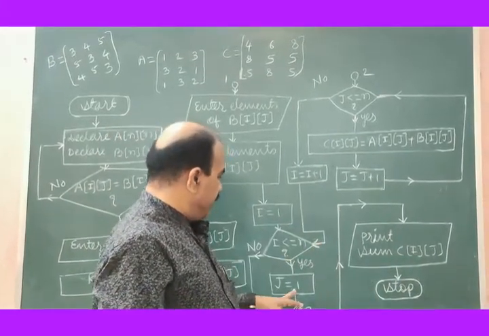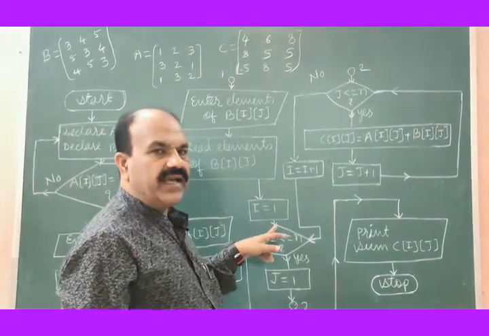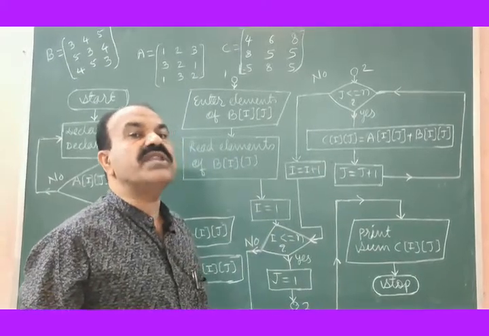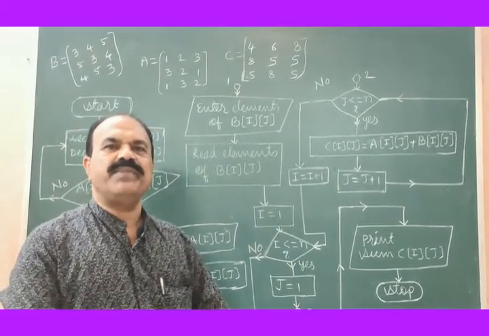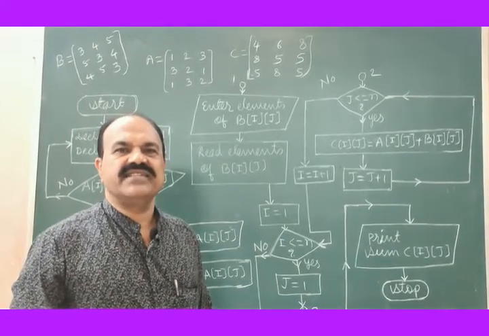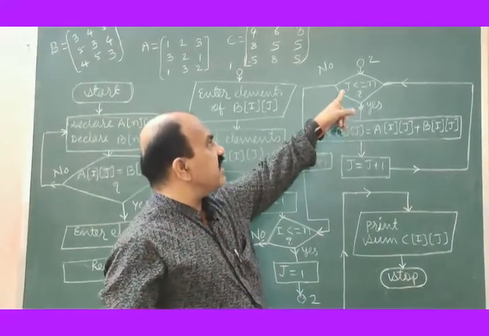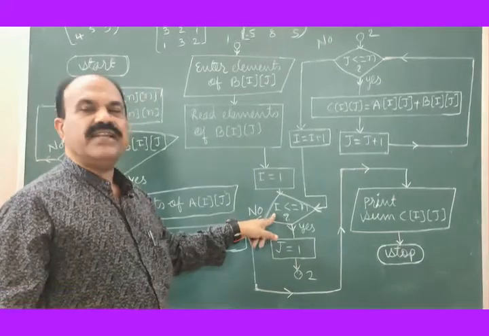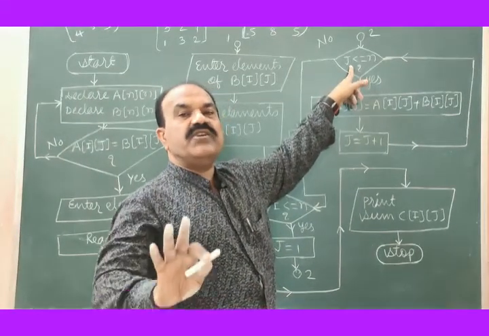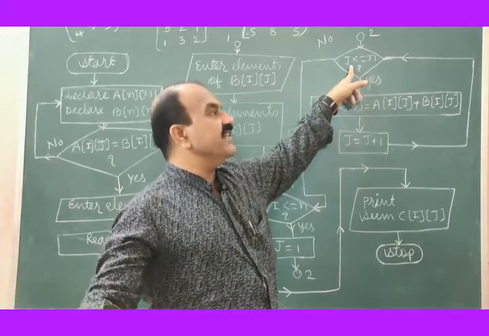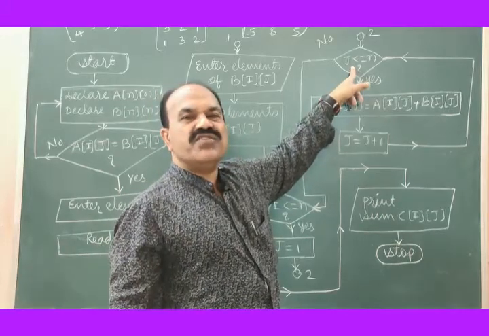When j as well as I both become more than 3, all the rows and columns which are to be added are completed, and therefore the answer here will be no. What is the meaning of this no? 3 columns are completed and therefore the condition fails.